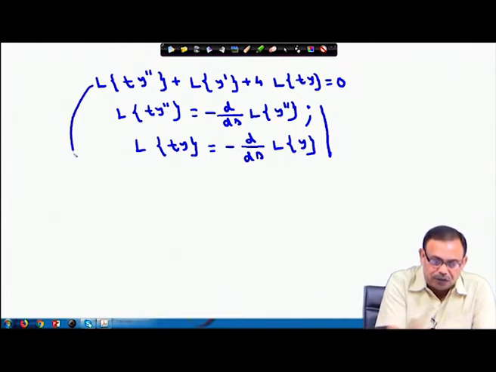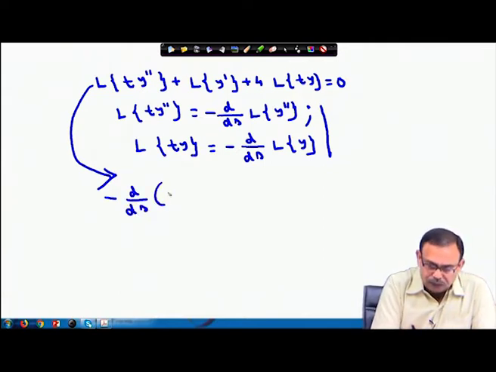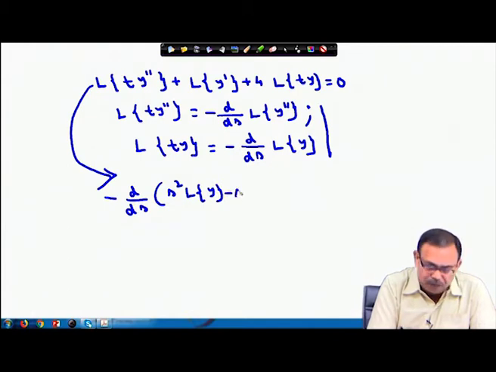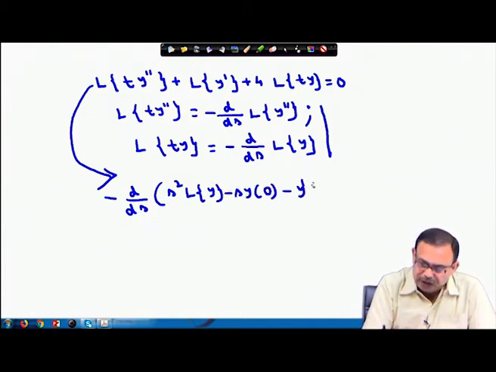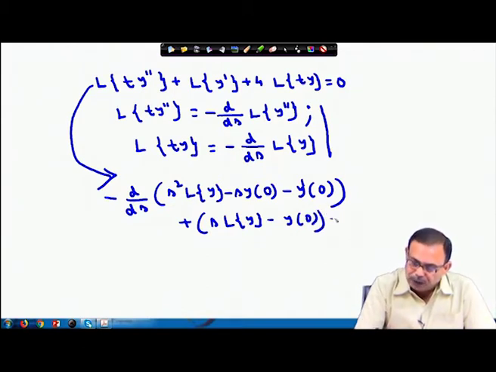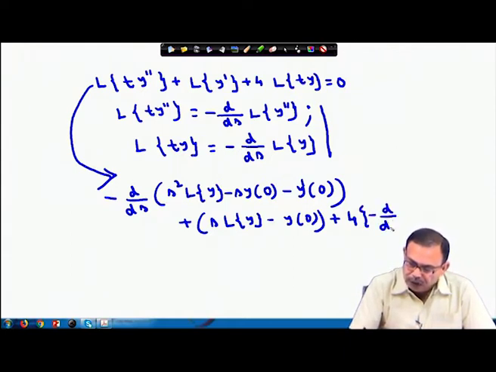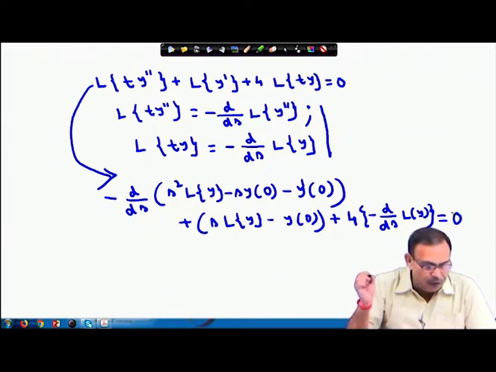So, using these two things, I can bring it like this: minus d/ds of s square Laplace transform of y minus s y naught minus y dash 0, plus the Laplace transform of y dash, which is nothing but s into the Laplace transform of y minus y 0, and plus 4 into the Laplace transform of t y, which is minus d/ds of the Laplace transform of y, equals 0.